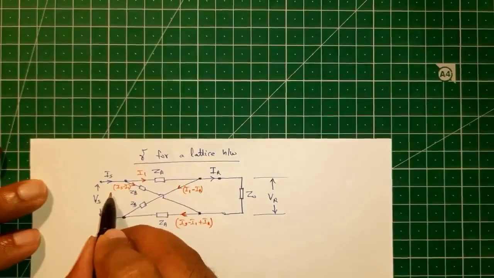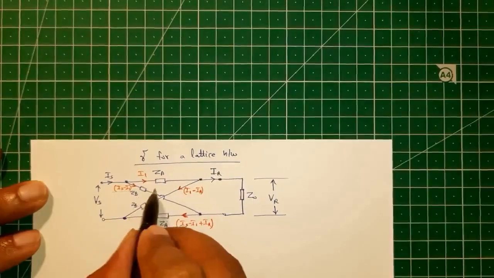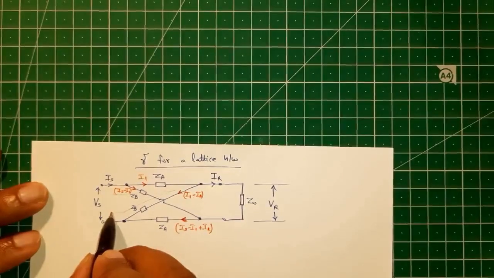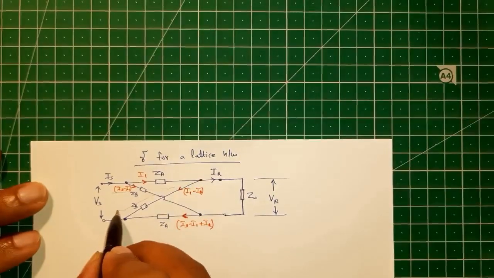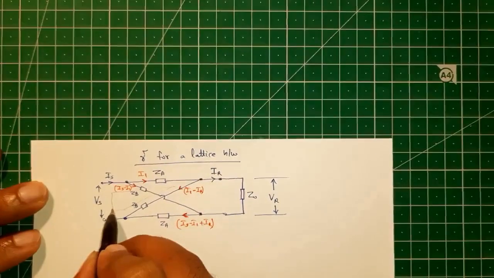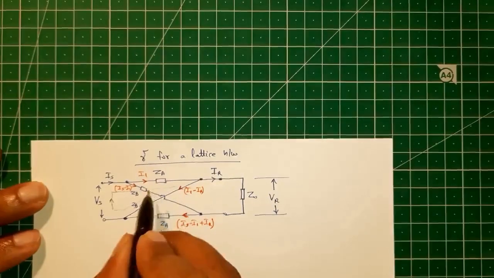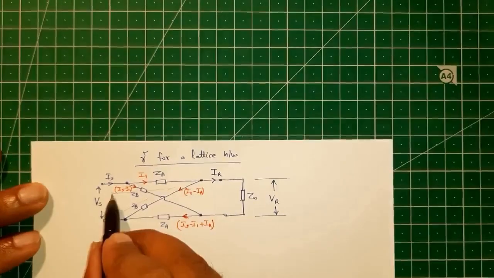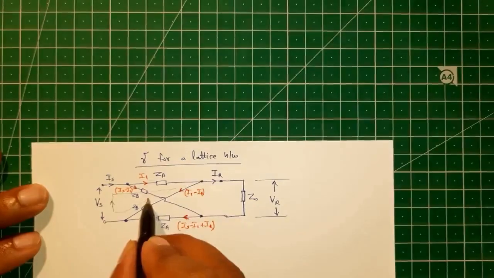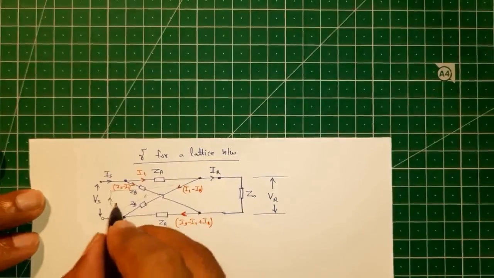Now we can consider two loops. One loop will be like this. This loop goes through ZA and comes back through ZB. So that is loop 1.